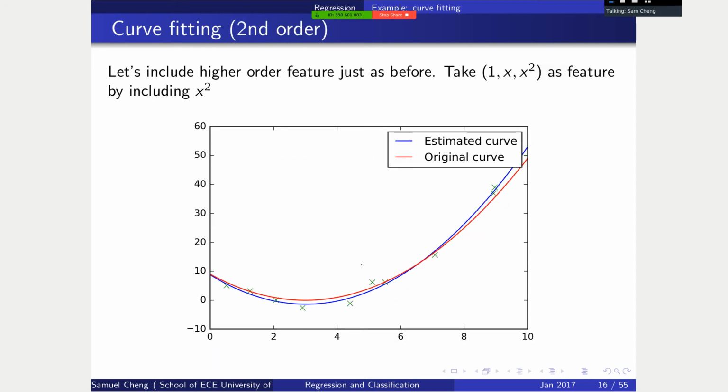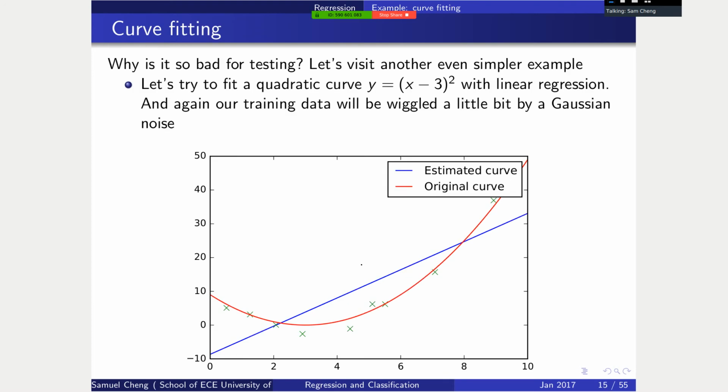And then I can repeat the same thing we did earlier. So I can expand the features with higher order. Originally, in this case, the number of features is just 1, right? Because it's just 1 dimension, just fitting a line. So the input is just the x coordinate, and I try to estimate the y coordinate.